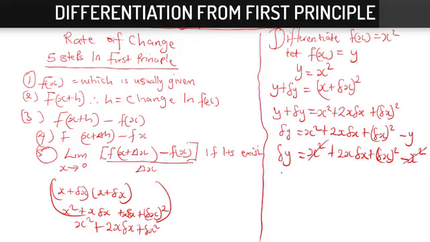We now have change in y is equal to 2x dx plus change in x all squared. Then we divide all through by change in x.